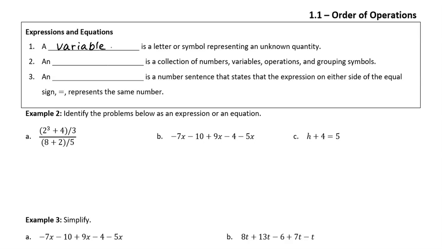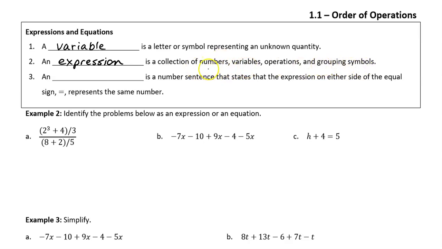Our second definition, we're going to say an expression is a collection of numbers, variables, operations, and grouping symbols. So this is where we start to combine a lot of what we've seen so far.